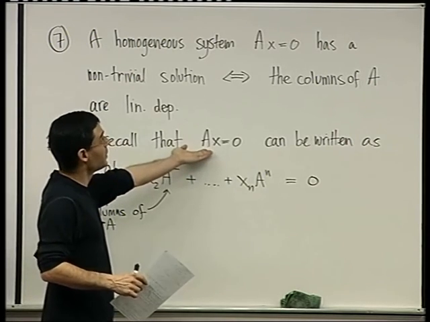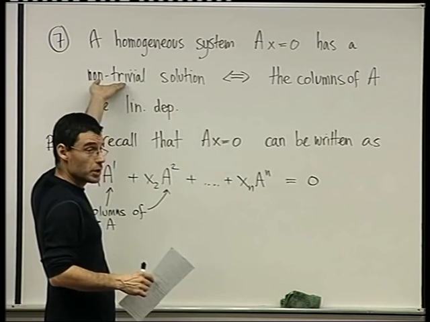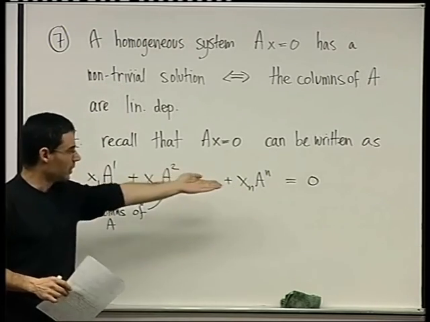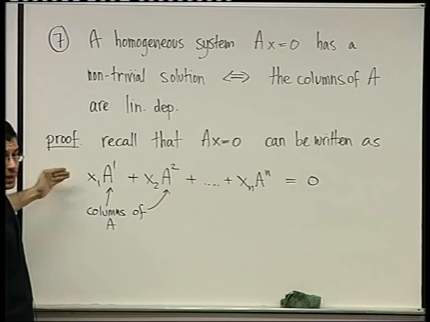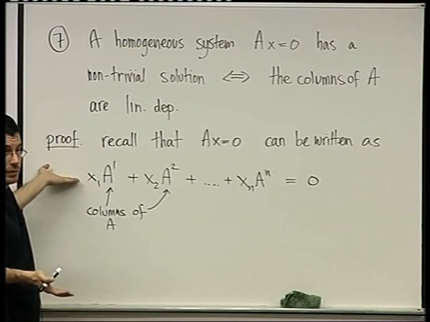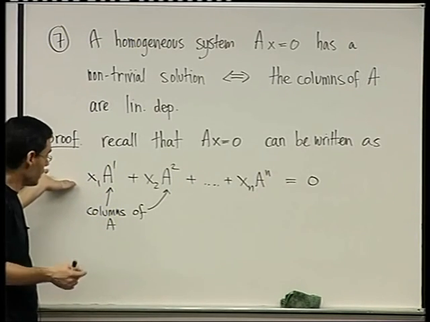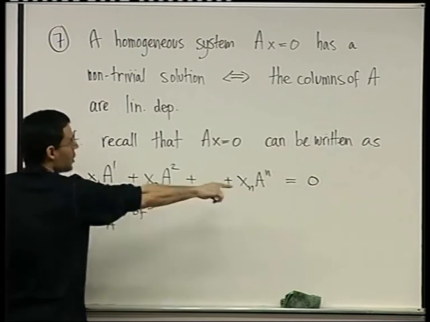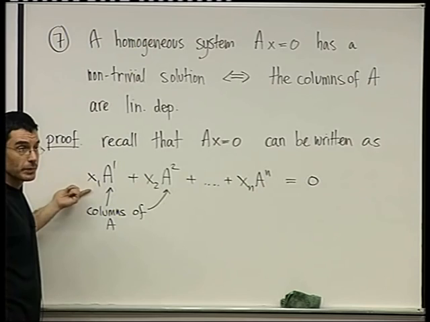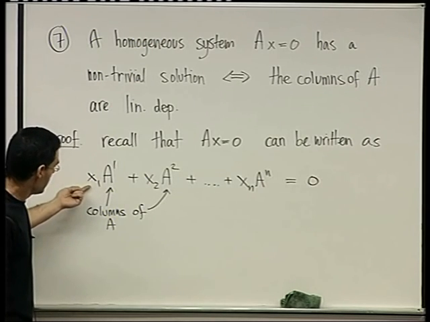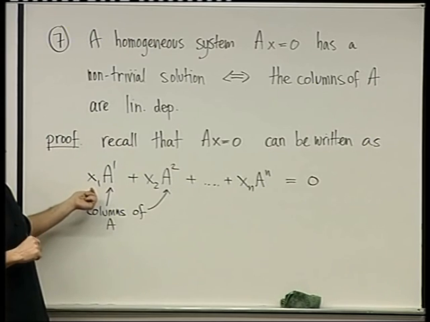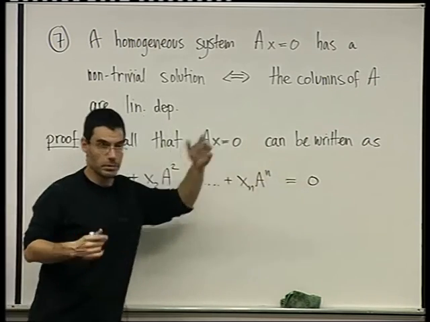So what's the statement here? The homogeneous system has a non-trivial solution if and only if there's a non-trivial solution to this. But what's a non-trivial solution to this? It's nothing but a linear combination of the columns of A where not all the coefficients are 0, that gives 0.